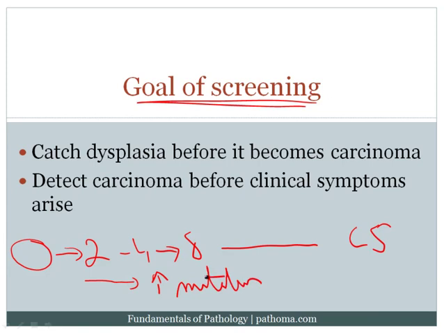Okay, so what is the goal of screening? Screening has 2 separate goals. The first goal is to catch dysplasia before it becomes cancer, i.e., even before this cell is present, we try to catch dysplasia so that we don't even have to deal with the formation of a cancer. What's an example?